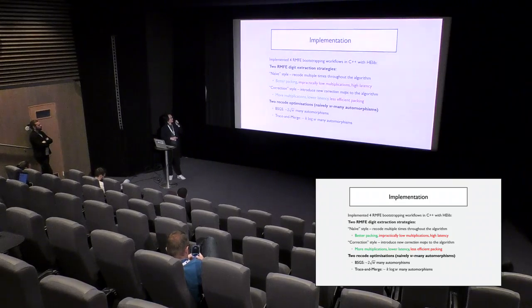This actually gives us the best ciphertext packing, but it usually results in an impractically low number of multiplications after the bootstrapping procedure, and it usually has a very high execution time.